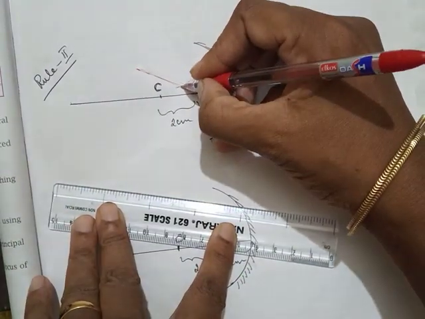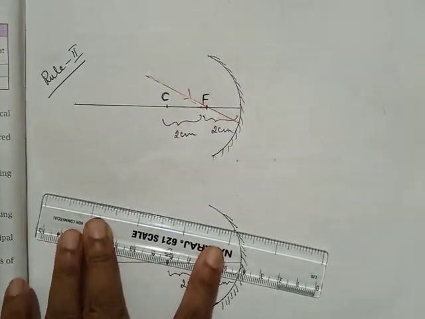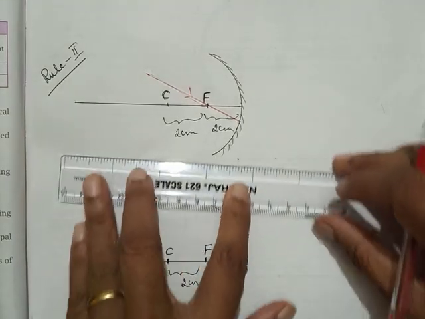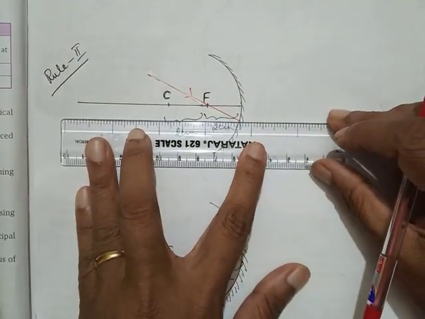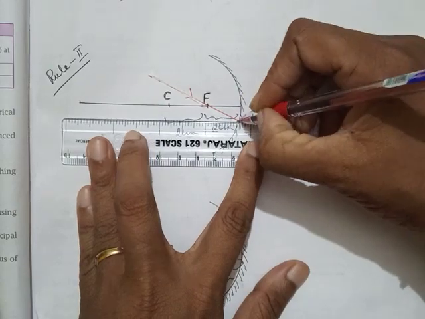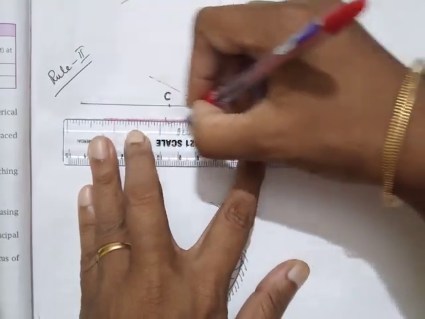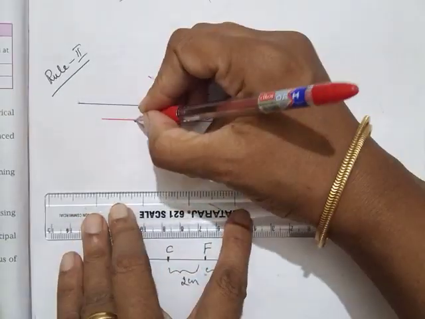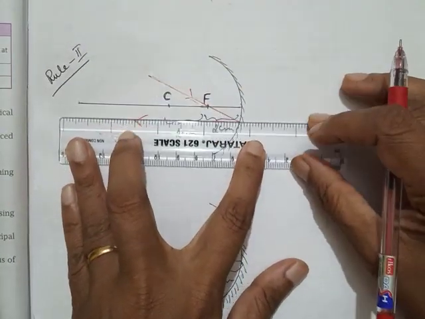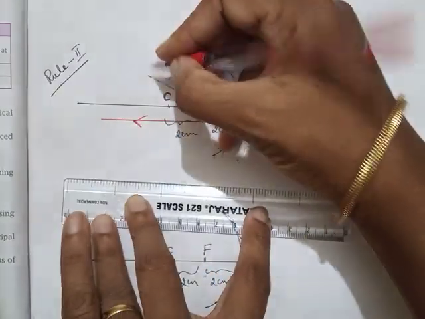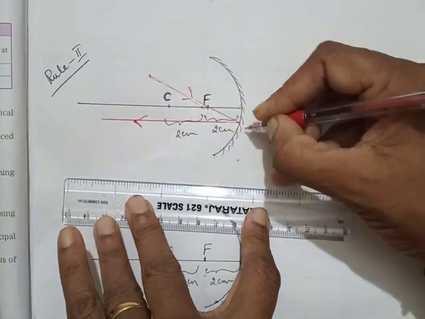Okay, passing through focus. Now that is your principal focus. And then what will happen to this ray? From the same point, you will draw a ray parallel to principal axis. Parallel means I can keep like this. That is a parallel ray. So the incident ray was coming like this and the reflected ray goes like this.